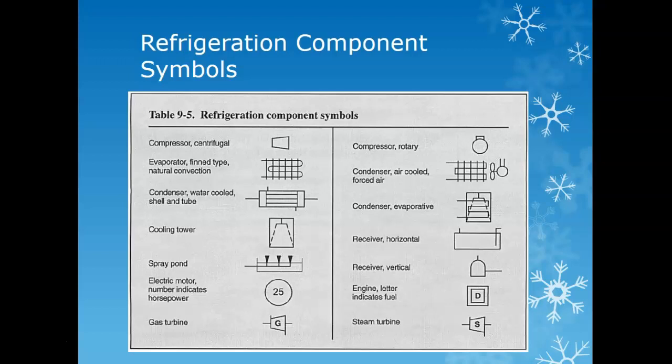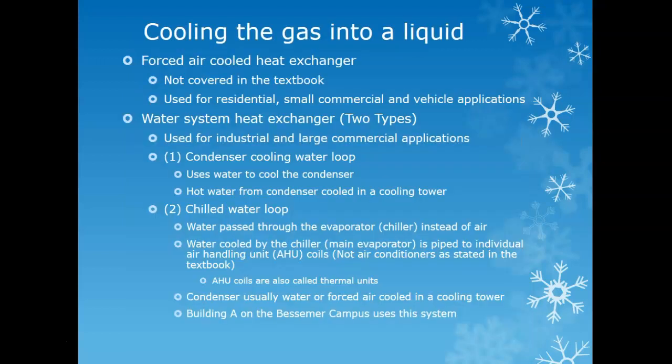One of them is that they actually spray the condensers and help use that to help pull the heat up, and a couple of other ways. Air-cooled forced air, and a rotary compressor. There's a lot of different ways to do condensers and evaporators. Why? Because there's always a different way somebody wants to come up with that they think is better. Some of them are. Some of them are.